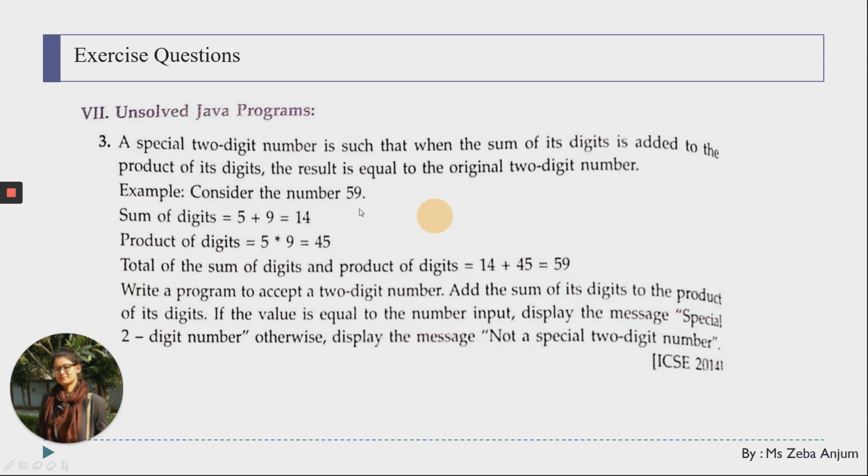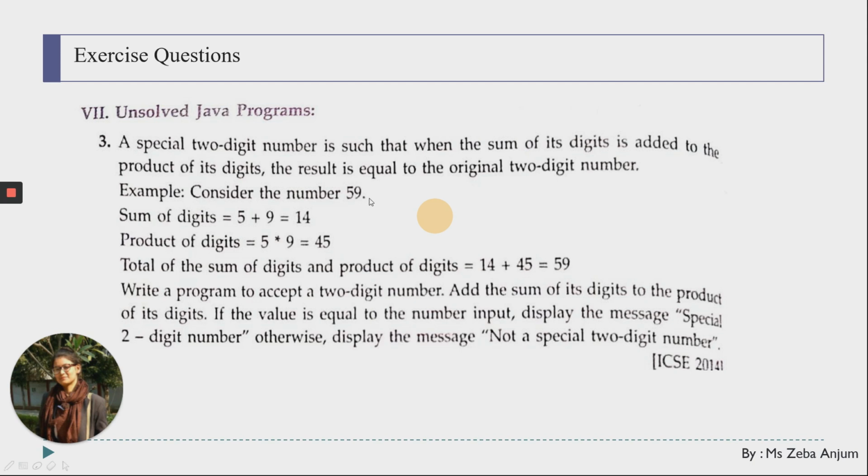Now remember, over here we are going to use the division as well as the modulus operator. As you remember, modulus gives you the remainder and the division sign will give you the quotient. So if you divide 59 by 10, it will give you the first digit, that's 5.